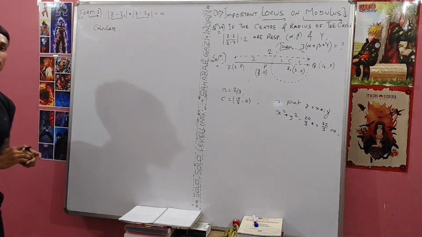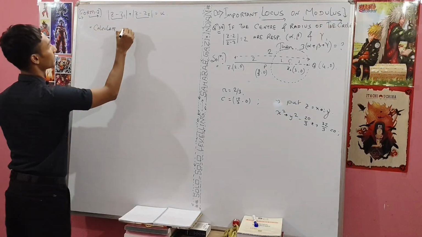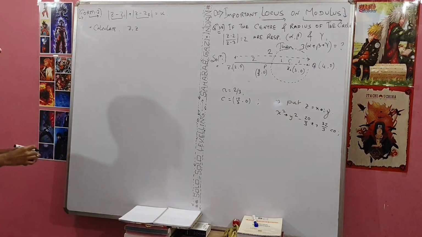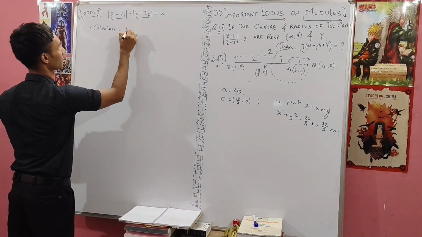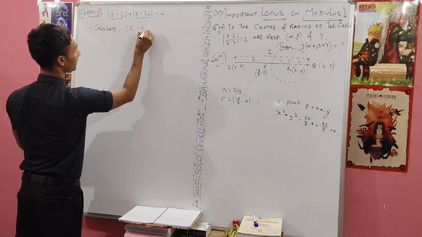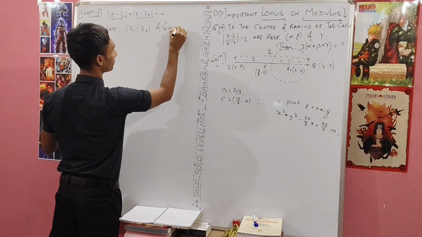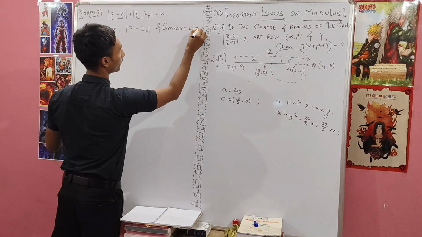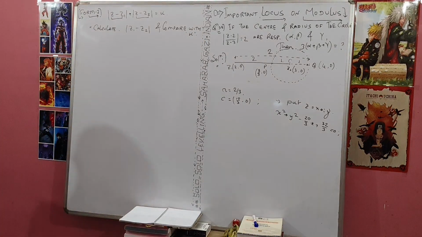If we add both distances, we will get a constant value. Now first you have to calculate z1 z2, that is the distance between z1 and z2, mod of z1 minus z2, and compare it with k.